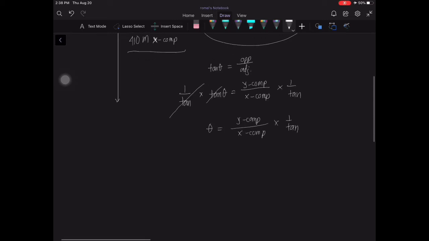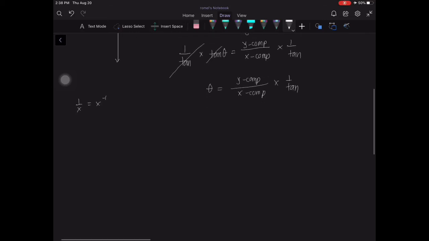Now in physics and in solving these types of problems, 1 over x is just equal to x raised to the power of negative 1, and 1 over y is just equal to y raised to the power of negative 1. Therefore, 1 over tan could be written as tan raised to negative 1. This particular way of writing, we can call arc tan.